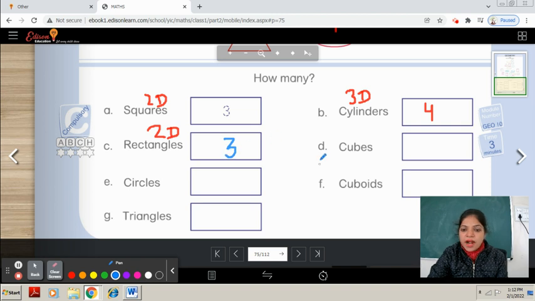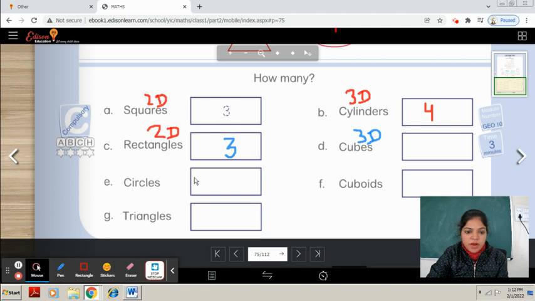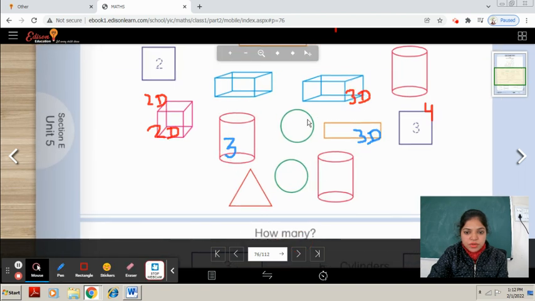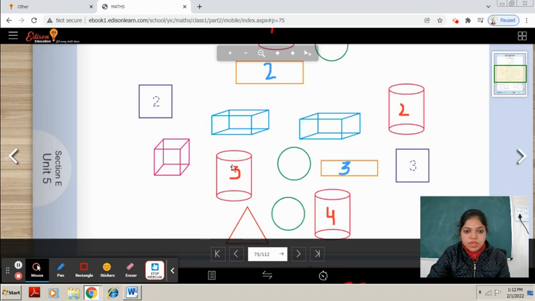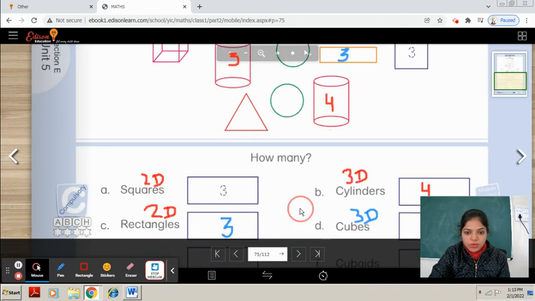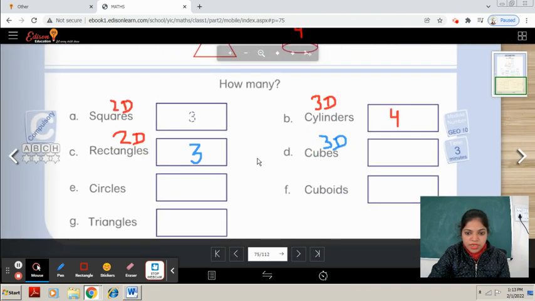Clear? Now part D, cube. Cube is a 3D shape, right? Now we will count the number of cubes, okay? So students, this is a cube, okay? This is a cube and there is only one cube, okay?